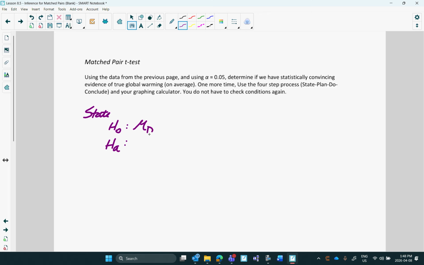So the null hypothesis, the difference would be 0. That's the assumption. We want to test that the difference is actually going to be greater than 0. And then again, remember, you have to define the true average difference in temperatures.